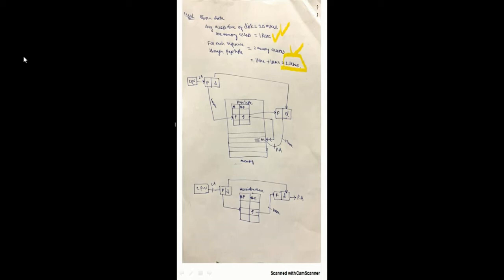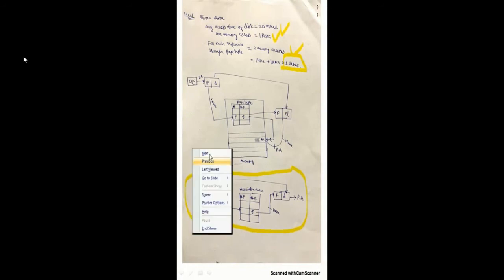Now look here. Let us first see this diagram. Okay, in this diagram, you see CPU is generating a logical address. Logical address is nothing but page number and offset.